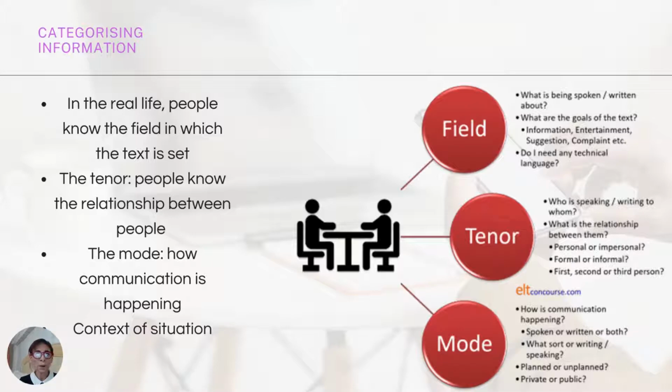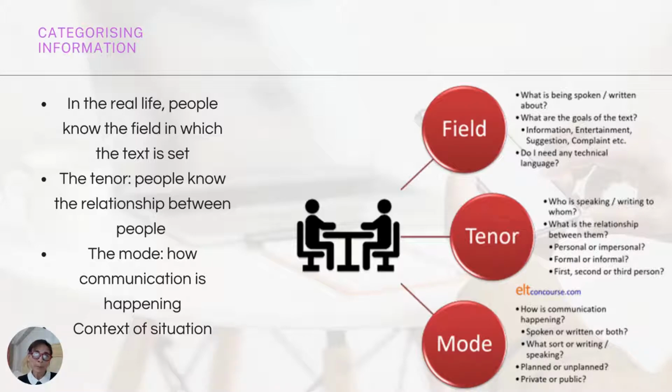It means personal or impersonal, formal or informal. The same as in the field, people can identify those characteristics. It is easy to identify if it is necessary to use formal or informal language.